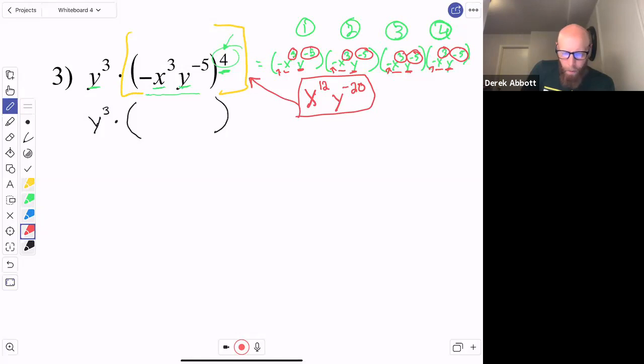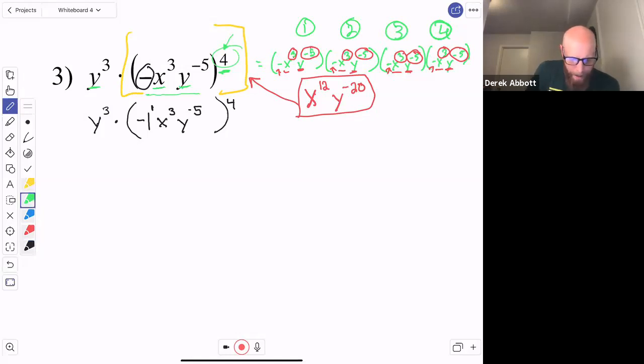So what is the shortcut? Here's the shortcut. I'm going to rewrite this real quick. This negative here, I'm going to rewrite as a negative 1 to the first power. Then we get x to the third power, y to the negative fifth power, all to the fourth power.